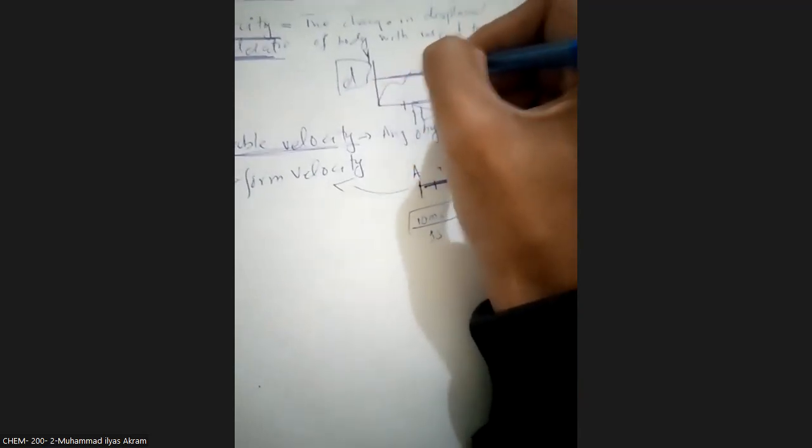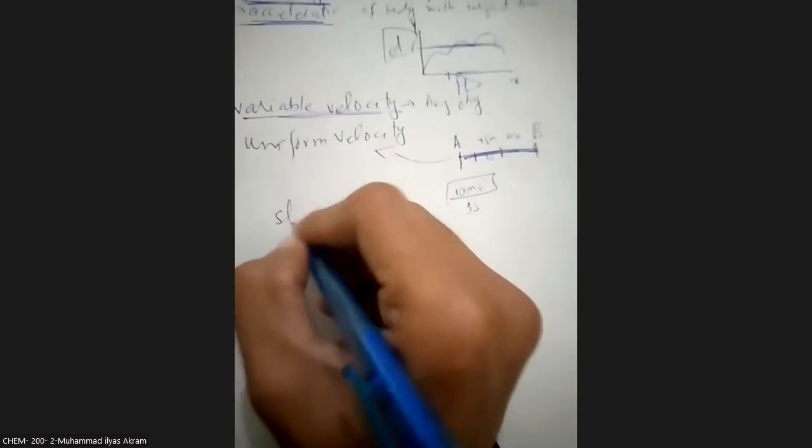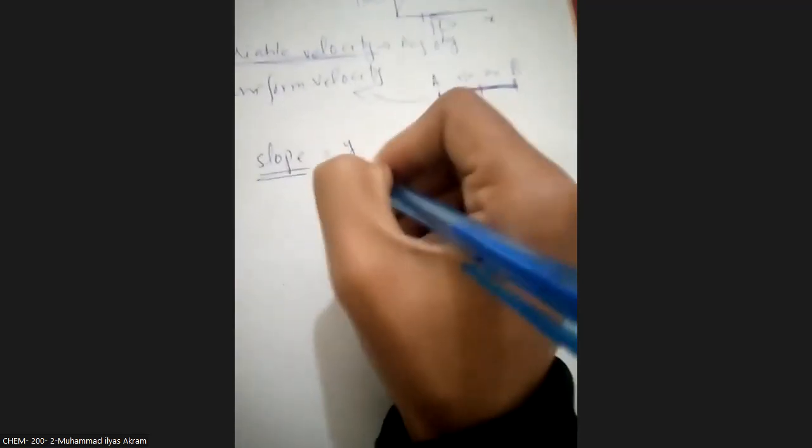because the speed of the body, or the distance that it is covering, remains constant. The distance or displacement always remains constant, while the time changes at every patch. While with variable velocity, the body may show this kind of graph, and this can be shown in the form of slope, and the slope will be y over x.